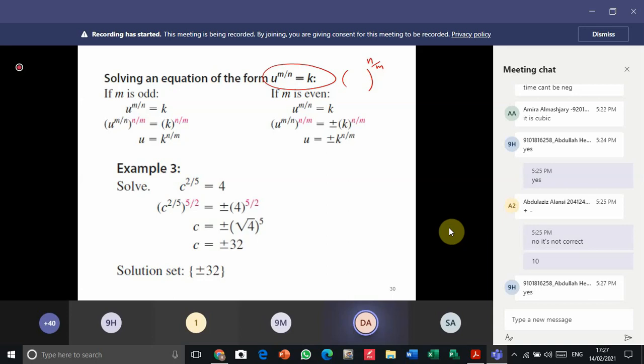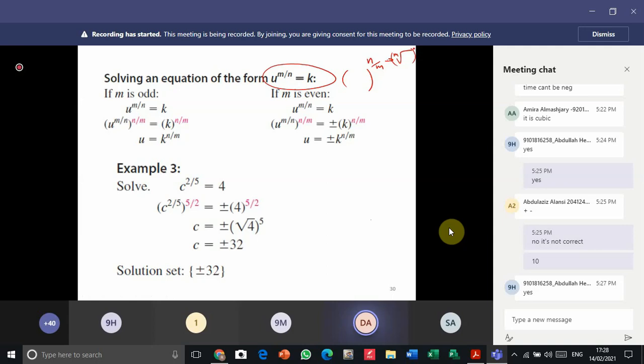This is for radical, the one in the denominator. And this to the power n. It means it looks like this: m, all to the power n. Okay.